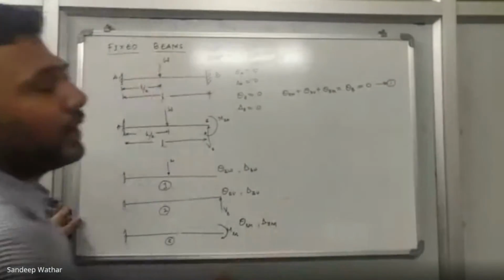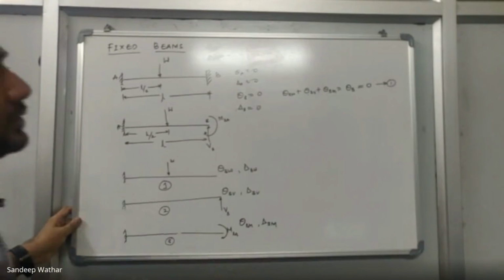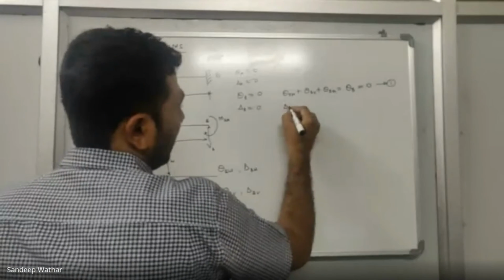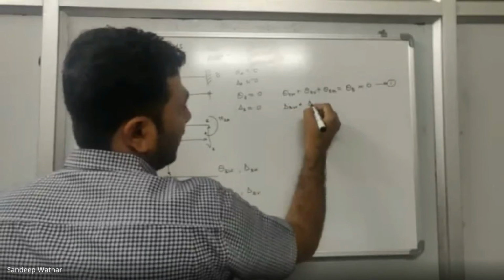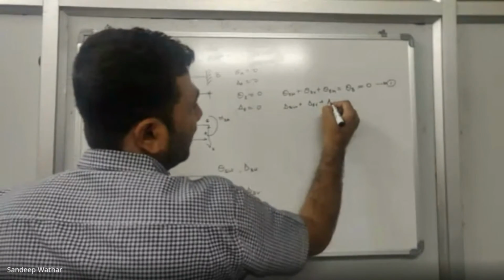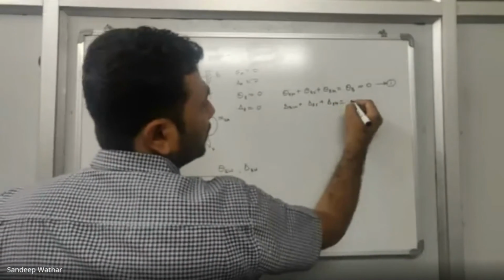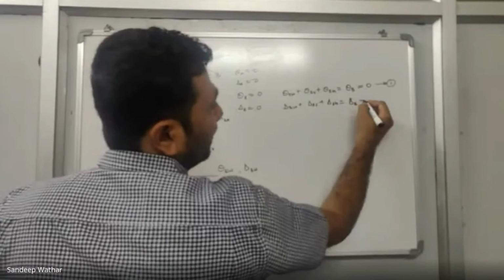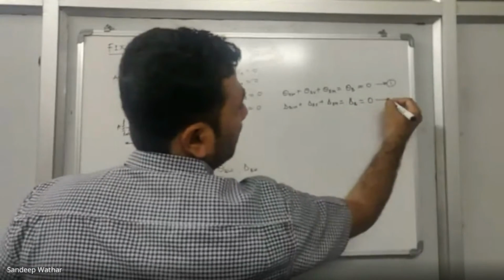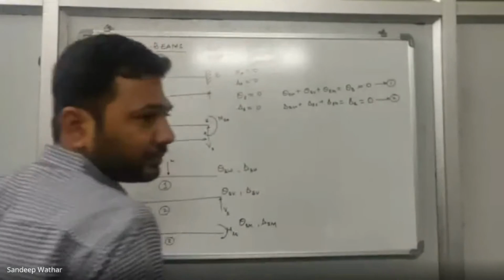Now I'll write down the second equation. What will be the second equation here? Delta BW plus delta BV plus delta BM is equal to delta B, which is equal to 0. This is our second equation.